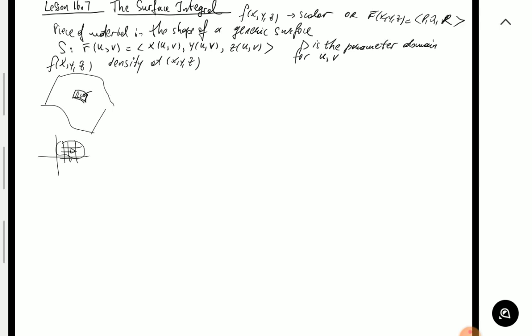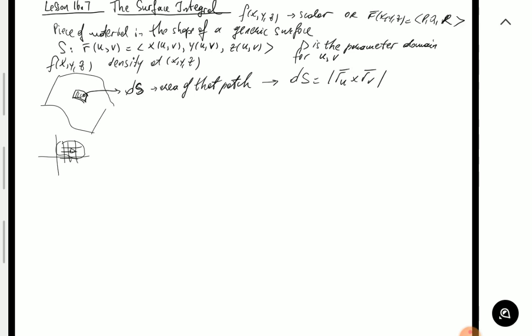By dS, capital S, we denote the area of that patch. Based on what we talked about previously, this is computed via the magnitude of the cross product of r_u and r_v. Why?